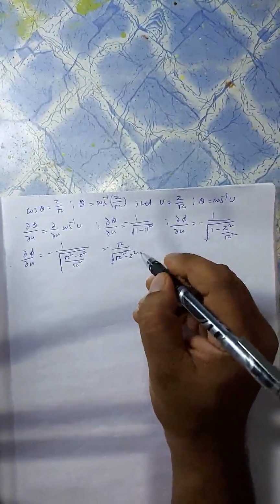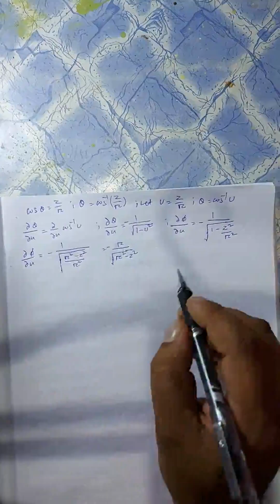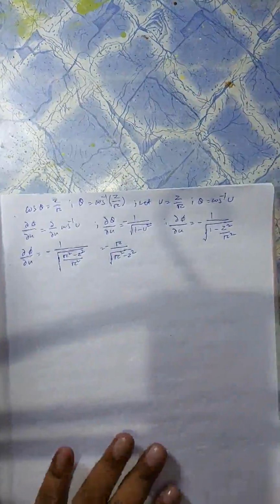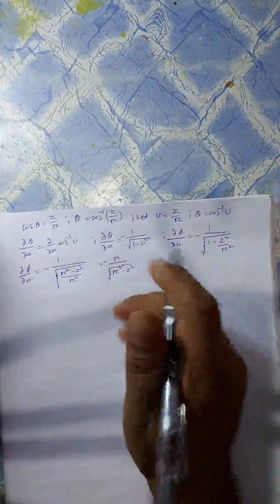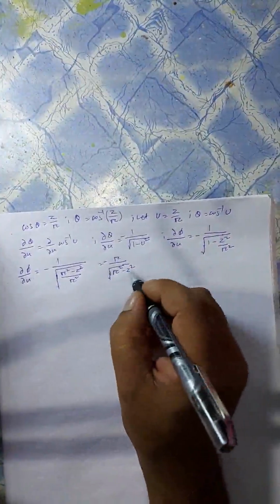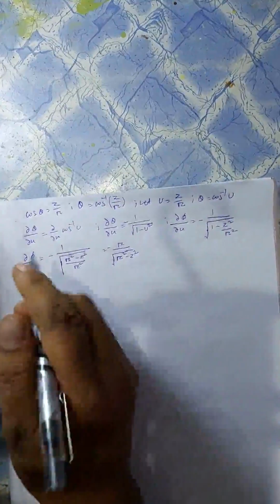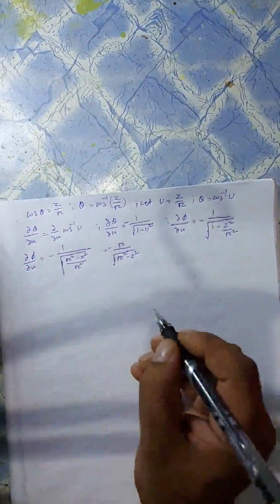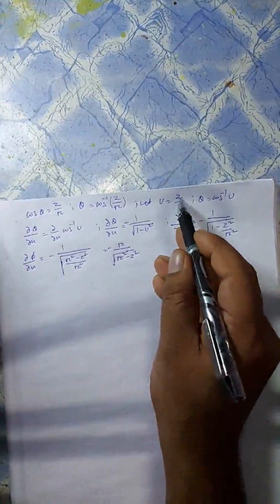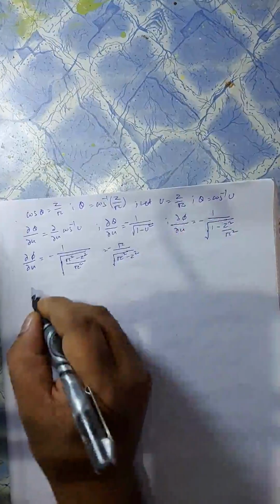Okay, then you have to take the u value, same process we have to do. We need ∂u/∂x, so we have to take ∂u/∂r.